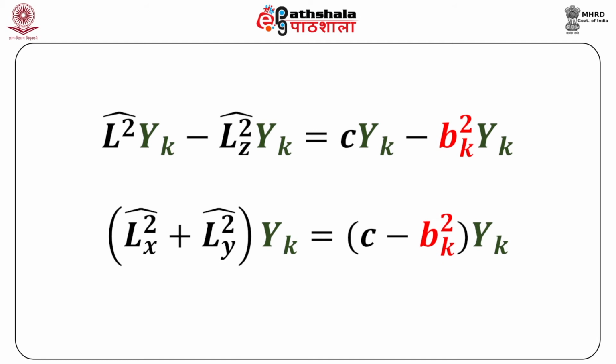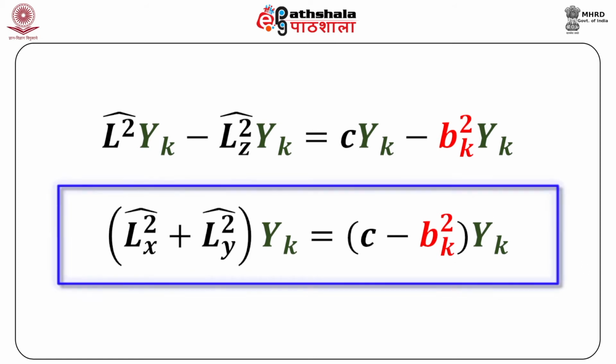Now the left hand side expression can be rewritten as L square minus Lz square equals Lx square plus Ly square. So we now have on the left hand side (Lx square plus Ly square) ψk equals (c minus bk square) ψk.